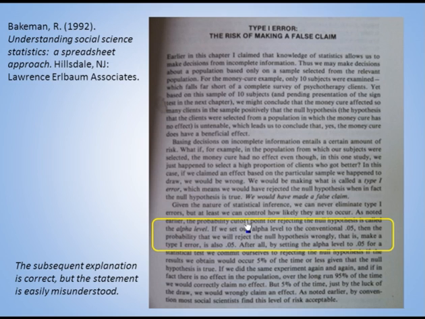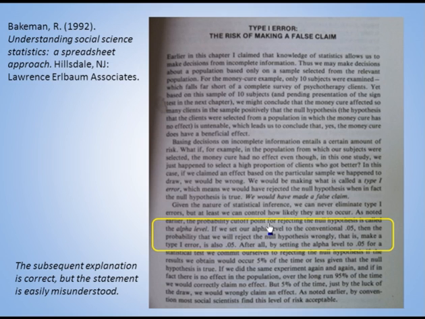So if we take this sentence: if we set our alpha level to the conventional 0.05, then the probability we will reject the null hypothesis wrongly, that is, make a type 1 error, is also 0.05. Later on he does mention that this probability is conditioned on the presumption that your null hypothesis is true for the experiment being performed.